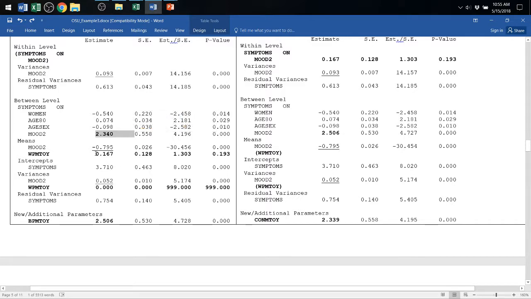So the within effect is the 0.17. Within plus the contextual of 2.3 gets us the between that is 2.5. That's on the left-hand side. On the right-hand side, if what you have is within at level 1 and between at level 2, the difference is contextual, and that's what I asked for to show that it's the same within rounding error, as you can tell.